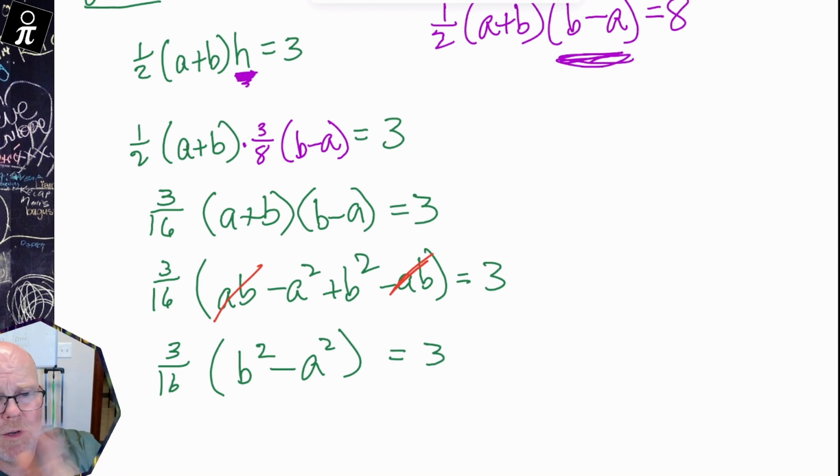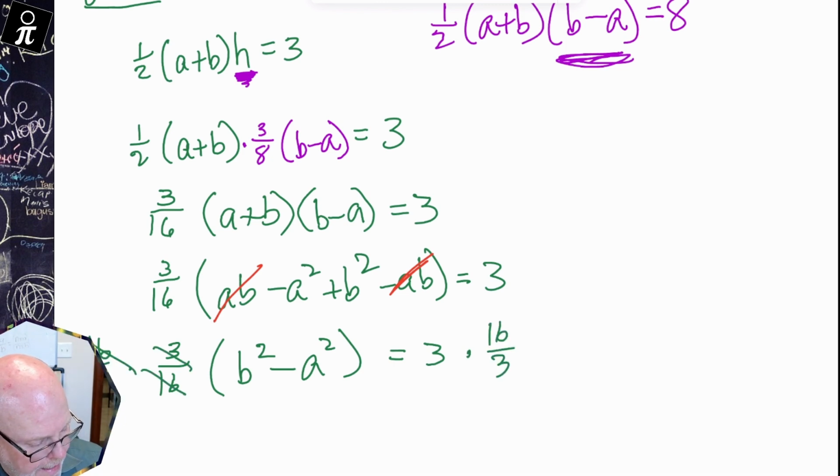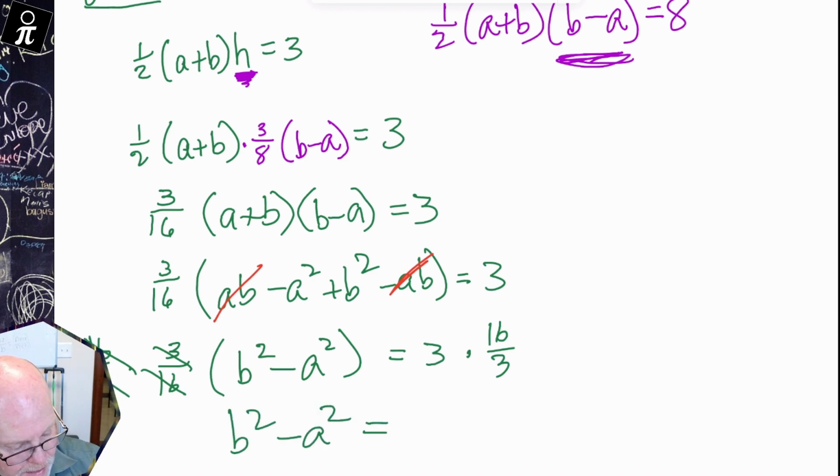I don't need to distribute the 3/16, I'll just move it to the other side by multiplying both sides by 16/3. That gives me B squared minus A squared equals 16, because the 3's cancel. Now I see that B squared minus A squared is equal to 16.